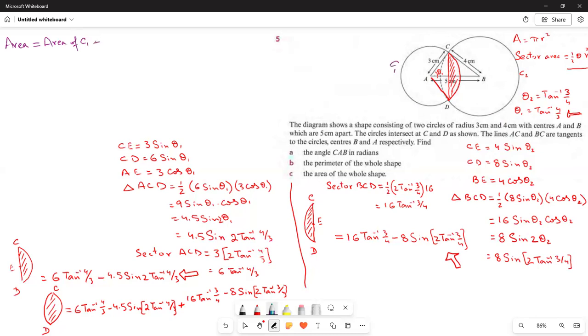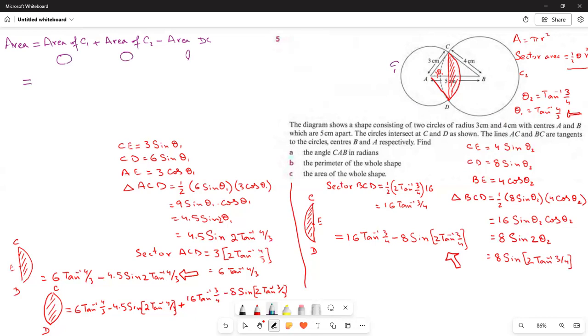So this is a circle, this is a circle, and this is something which is common between these two circles. I hope you get what I'm talking about.